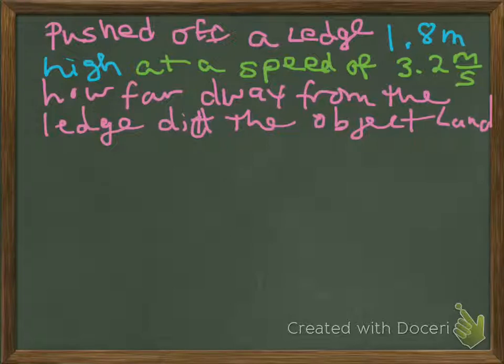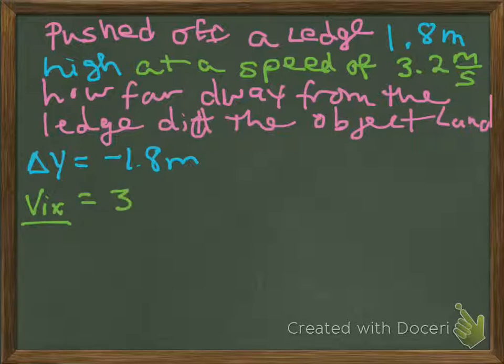So again, let's write down what we know. In this case, we know that my delta y is negative 1.8 meters because, again, it's going down a ledge. We know that my velocity in the x direction is equal to 3.2 meters per second.